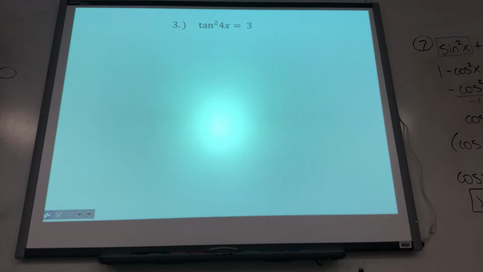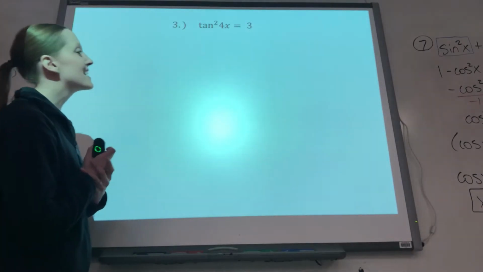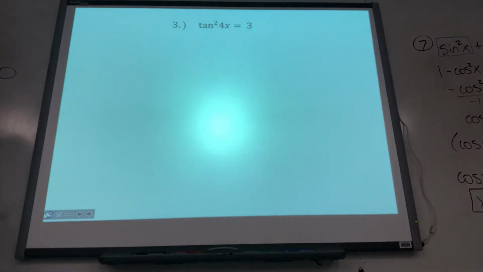Now, this one has a square in it. I don't think you have any square problems in your homework, but that doesn't mean they won't show up later on a test or a quiz. So watch carefully. It says tangent squared of 4x equals 3.